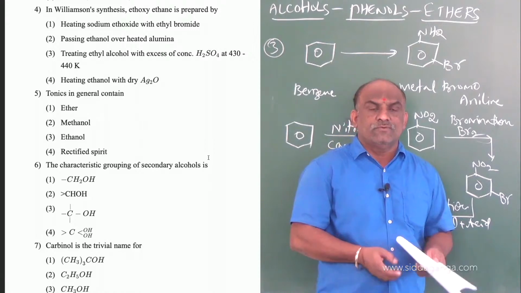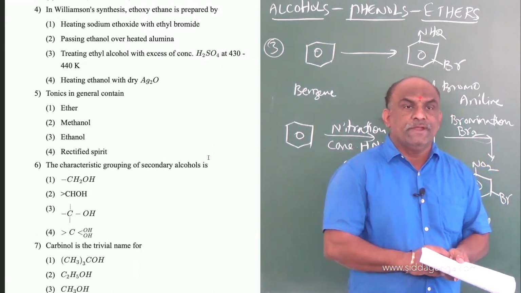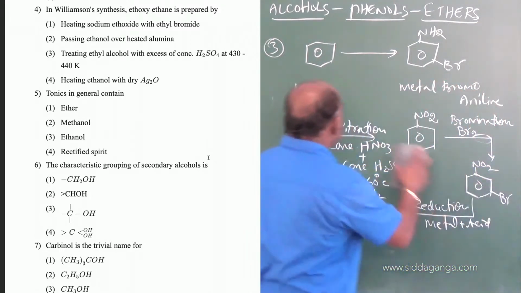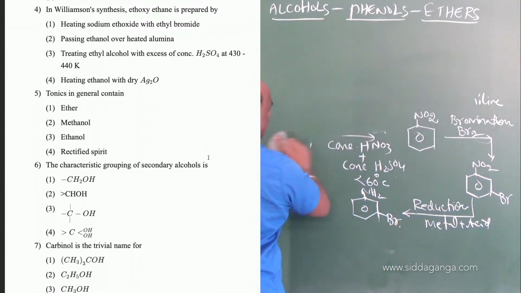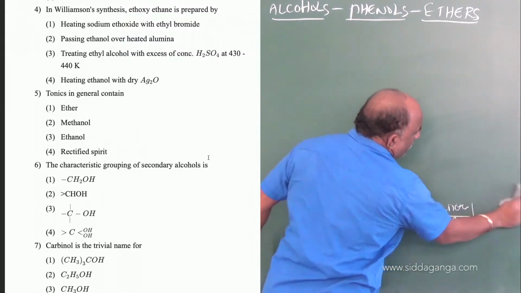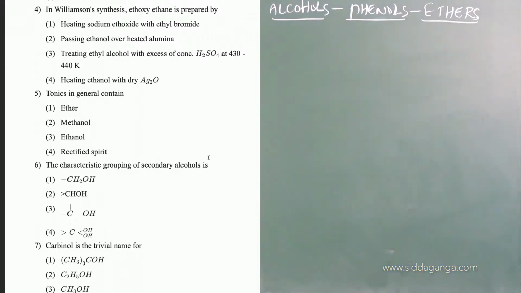Once you observe question number 4: in Williamson's synthesis, ethoxyethane is prepared by. Williamson synthesis is the method used for the preparation of ethers. First we have to know the formula of ethoxyethane.